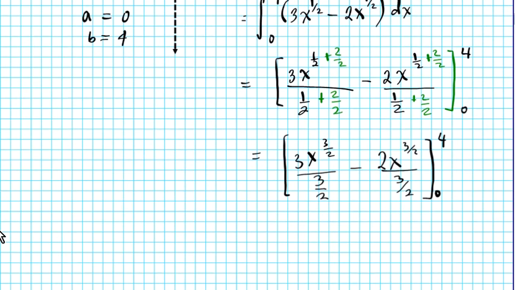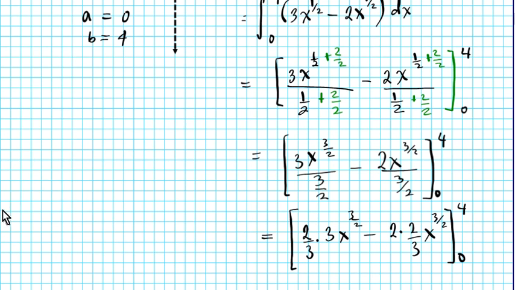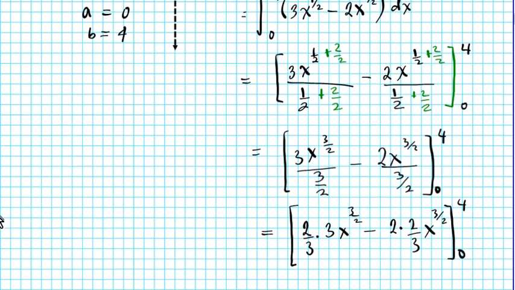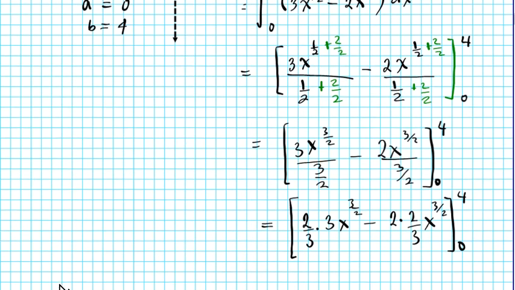And then we just drop, change, flip, okay? So you have 2/3 times 3 x to the 3 over 2 minus 2 times 2 over 3 x to the 3 over 2, and then we're evaluating this from 0 to 4.